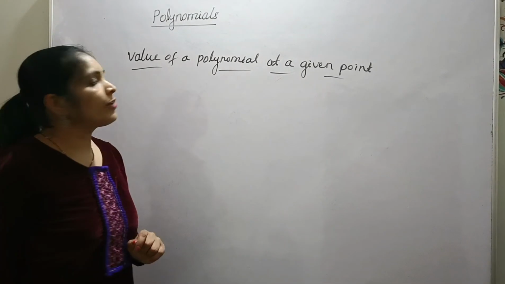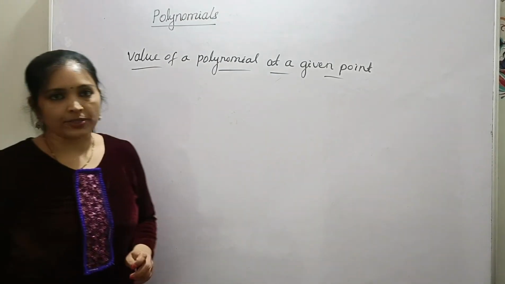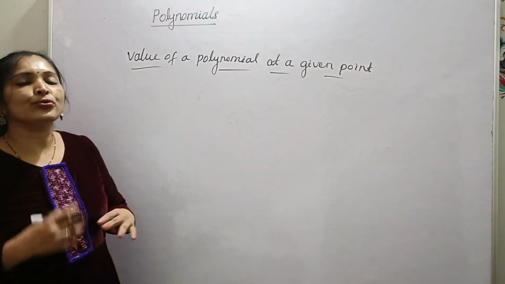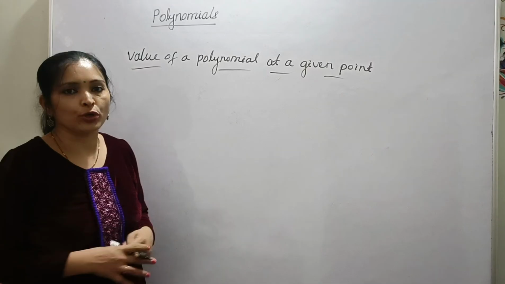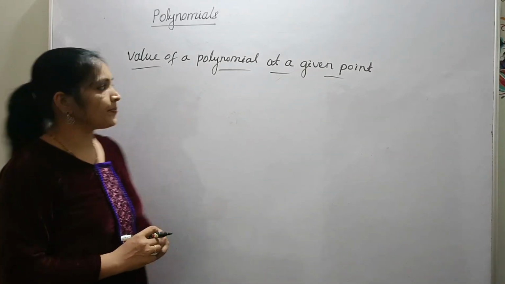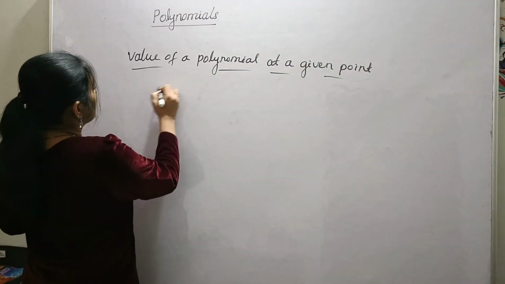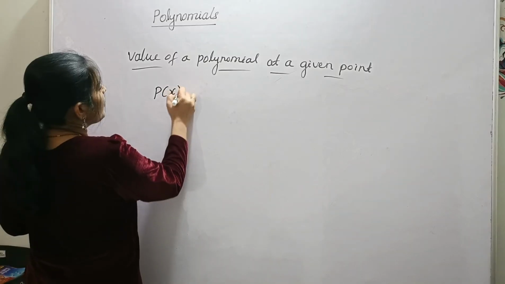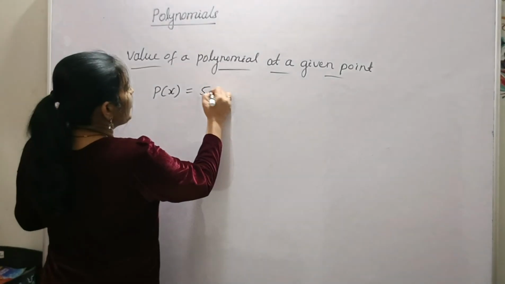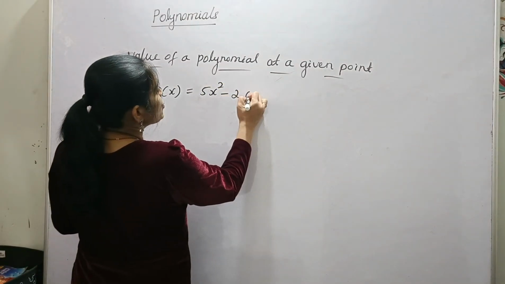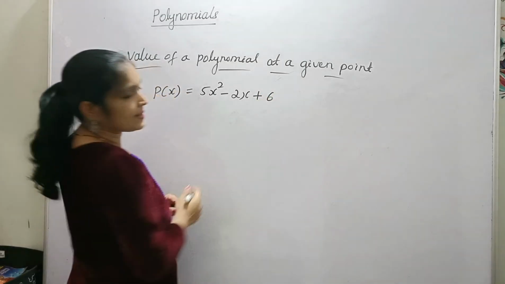Next is the value of a polynomial at a given point. Let's see how to find the value of a given polynomial at a particular point. For that, let's take one example. p of x is equal to 5x square minus 2x plus 6.